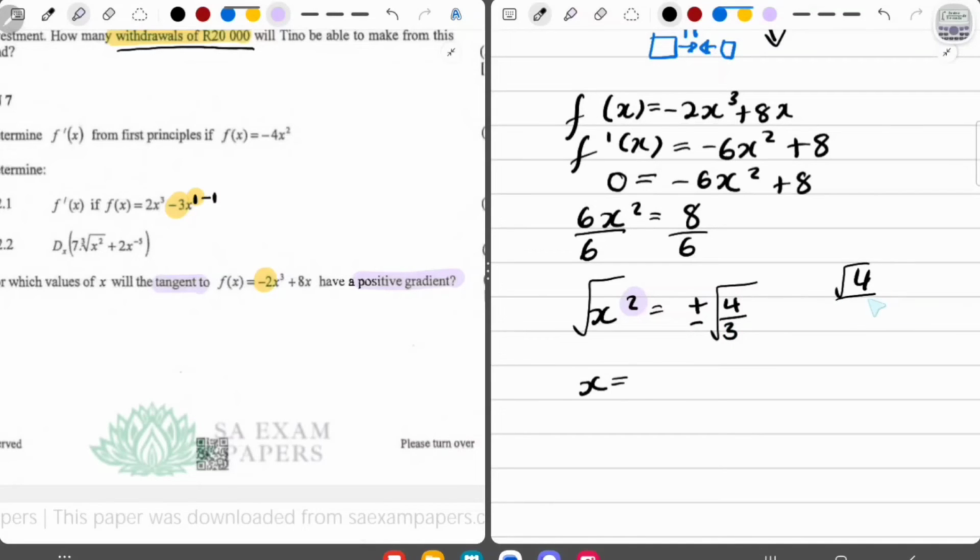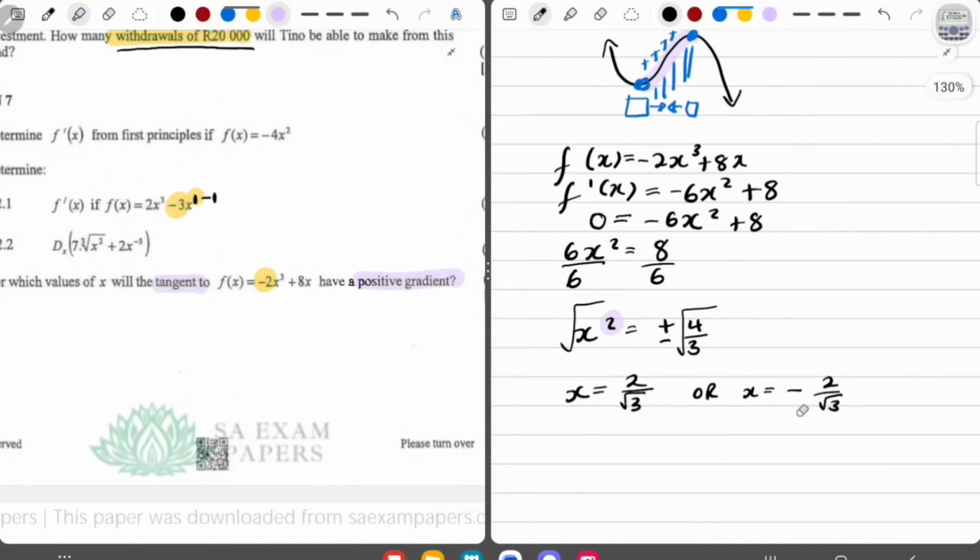So it's like square root of 4 over square root of 3. Square root of 4 is 2, so that's 2 over square root of 3, because that's an irrational number, I cannot really square root it. So that is positive 2 over square root 3, or x is equal to negative 2 over square root 3. So there we have our two x values of our turning points.